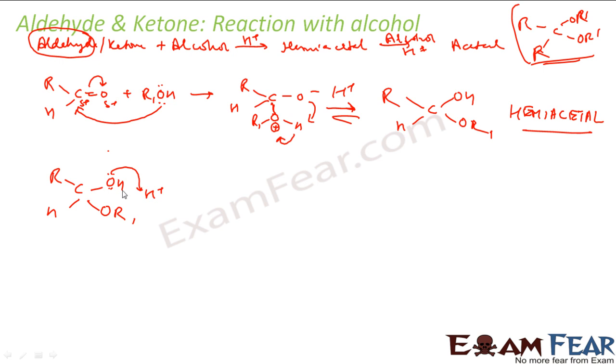This will become H2O, and the water will come out with a positive charge on this carbon, right? Now on this, ROH will attack. So this will form this compound.